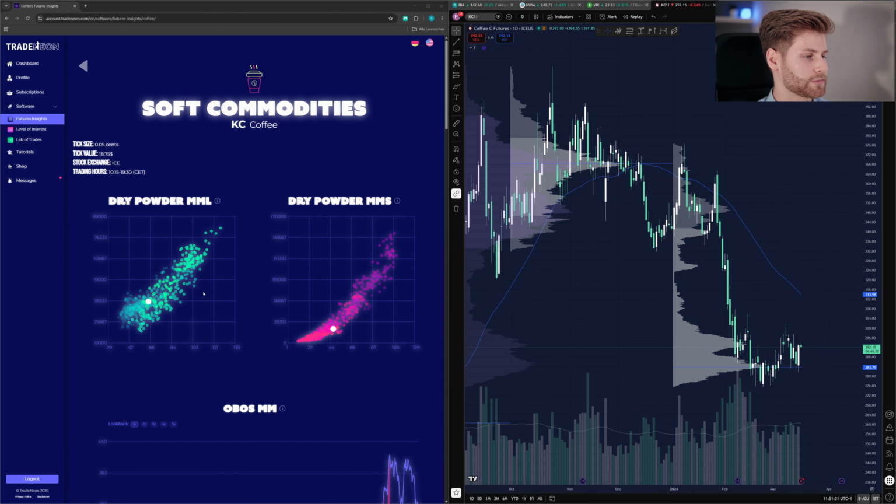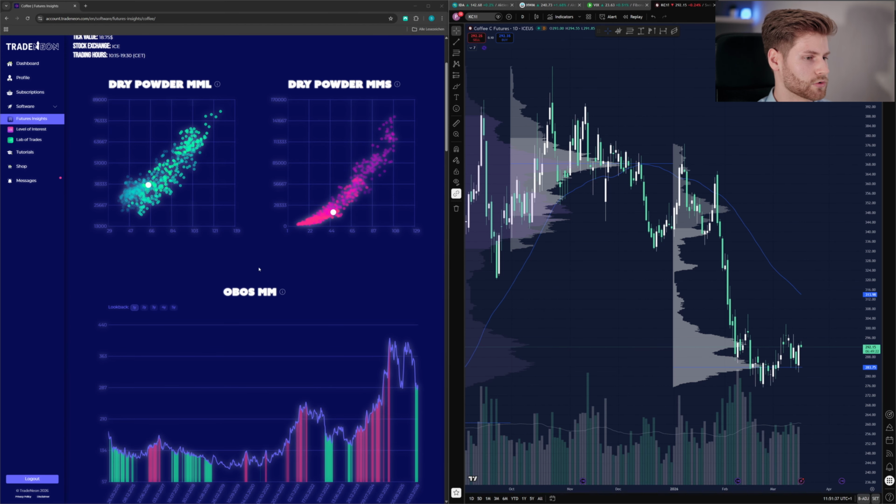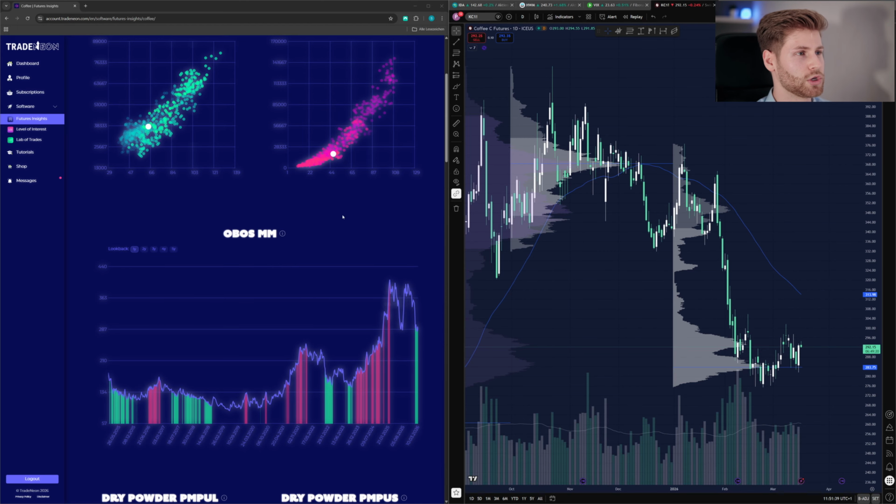And this is probably also supported by our OBOS indicator, which relates the current positioning to more variables, including the current price related to the look-back period, which in this case is 1 year. Also, the amount of involved market participants and the total open interest.